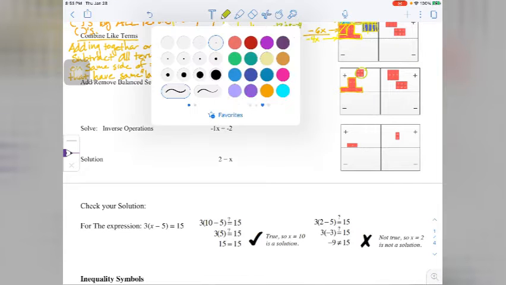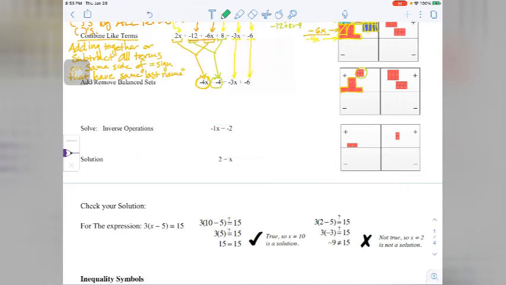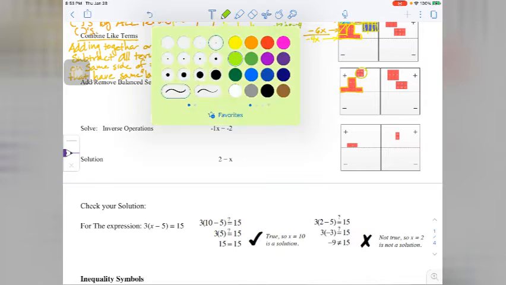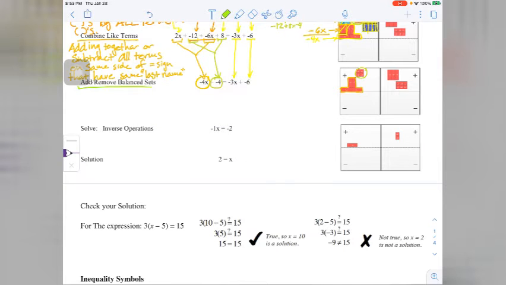Our next step is removing balanced sets. Removing a balanced set means adding or removing a balanced set.